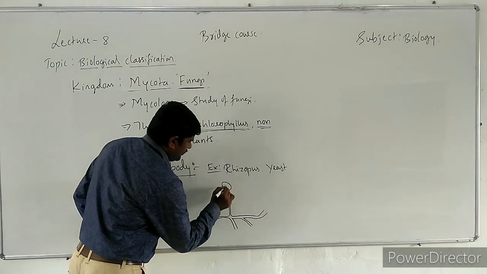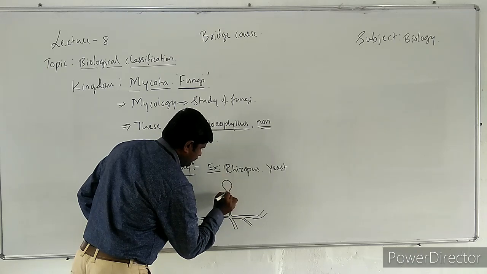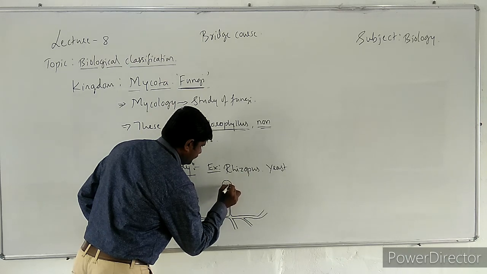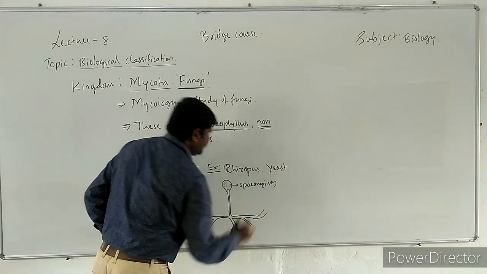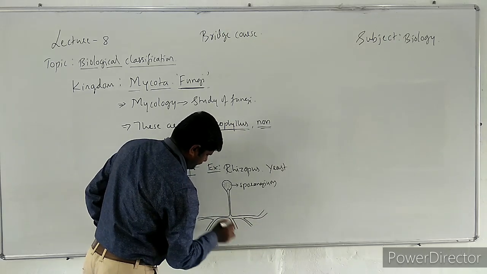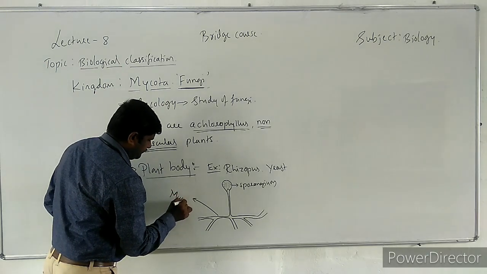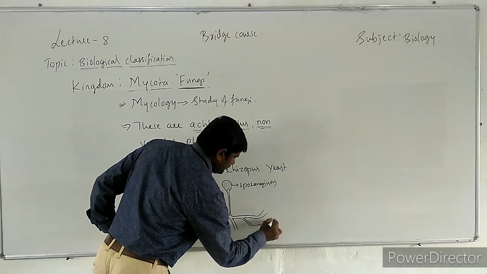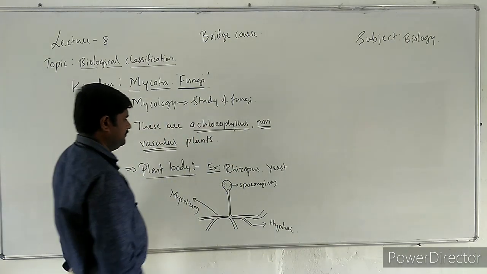This structure is said to be a sporangium, and this network of filamentous structure is called mycelium. A single filament is called hypha.